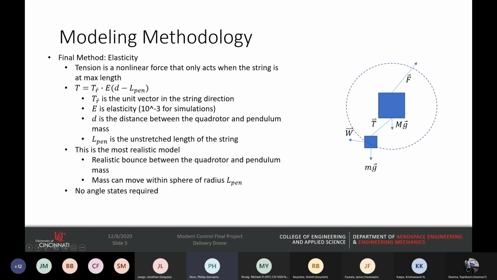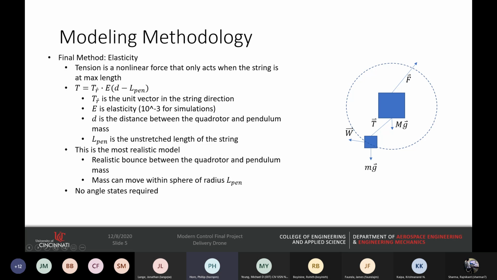The method we use in our final design is an elasticity method, and it works similar to how this would actually work in real life with a string. It doesn't have to just be at this radius; it can be within the radius. Essentially, we're just applying an elastic force whenever the mass goes beyond the length of the string.